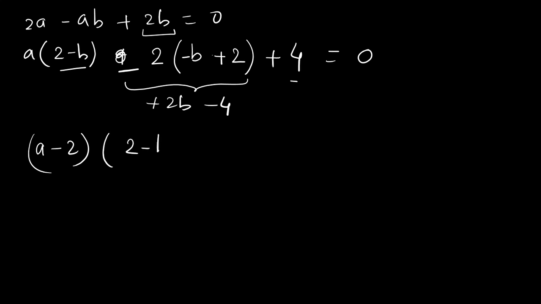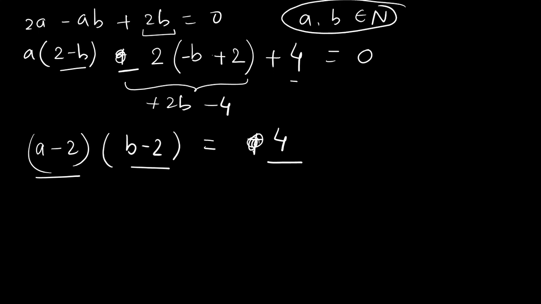2 minus b equal to minus 4, or let's make it plus 4 and reverse these two values, sign plus b minus 2, so b minus 2. So a minus 2 multiplied by b minus 2 equal to 4, and remember that a and b belong to natural numbers.